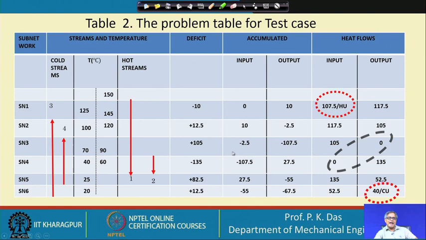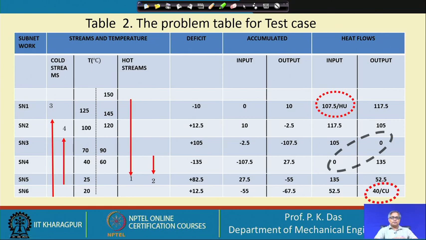Third subnetwork will have an input of minus 2.5, output of minus 107.5, and then subnetwork 4 will have an input of minus 107.5 and output of 27.5. Subnetwork 5 will have an input of 27.5, output of minus 55, and the last subnetwork will have an input of minus 55, output of minus 67.5.